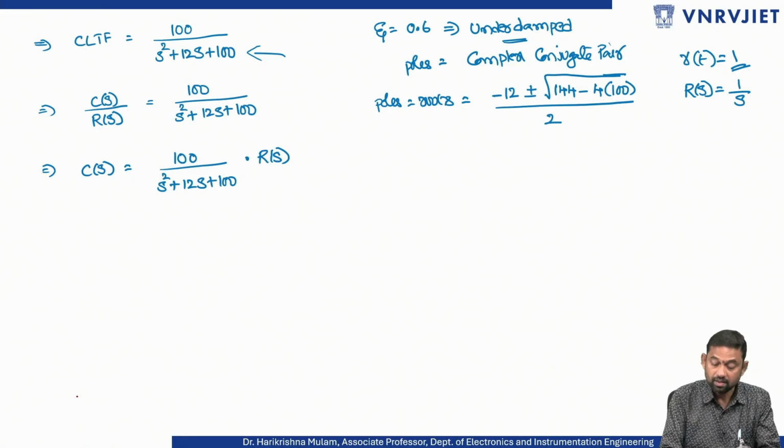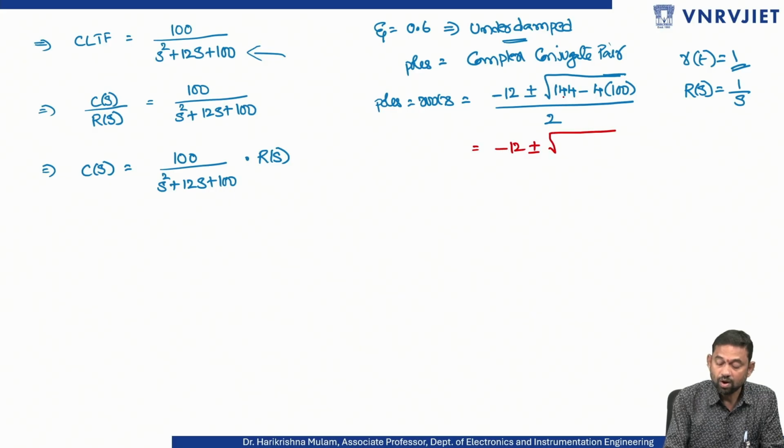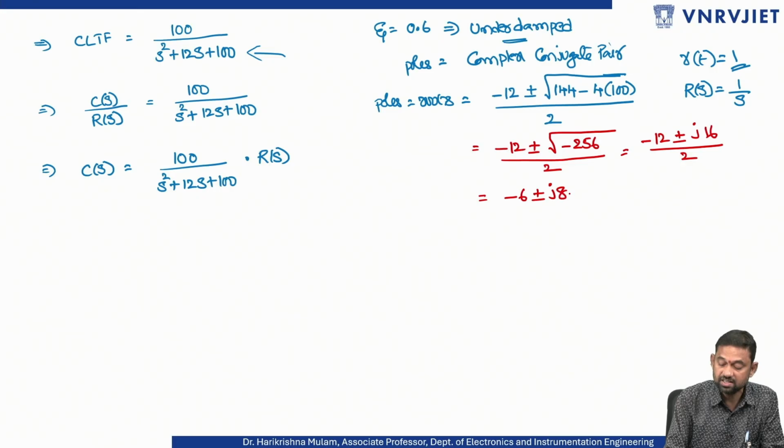That is equal to minus 12 plus or minus square root of 144 minus 400, which is minus 256, by 2. That is equal to minus 12 plus or minus, square root of minus 1 is j, square root of 256 is 16, by 2. Therefore, it comes out as minus 6 plus or minus j8.